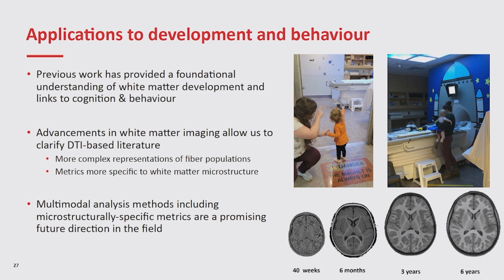And we can go beyond this by implementing more complex representations of fiber populations or more microstructurally specific imaging metrics. As the field expands in the range of possibilities, it's worth considering that using multimodal analysis methods, including these specific metrics, and also being able to collapse shared information and look for areas of convergence are likely to be very promising directions moving forward.